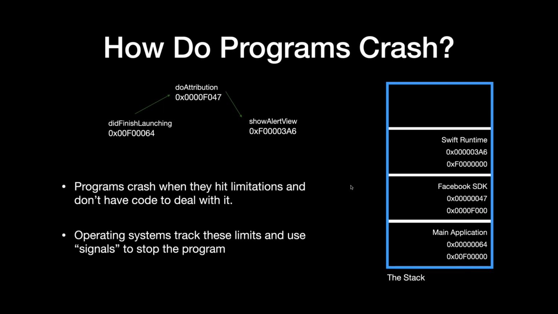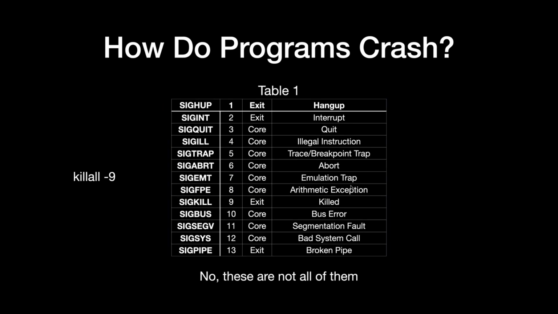So operating systems tell programs that they're crashing using a system called signals. I'm going to show you the Linux signal table, and I'm sure you're familiar with a lot of these. This is not all of them. And this is the same signal table that iOS uses. When Swift calls assert, it's going to send the program the SIGABRT signal, signal 6.